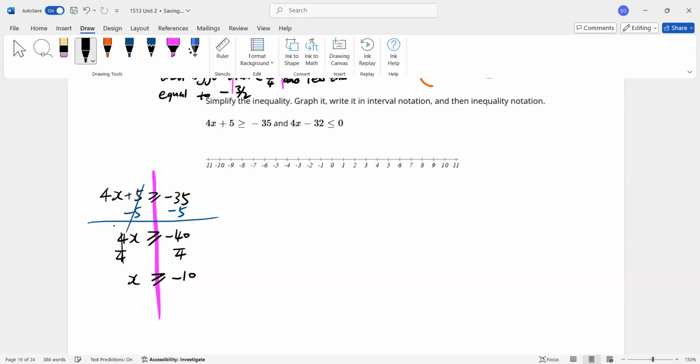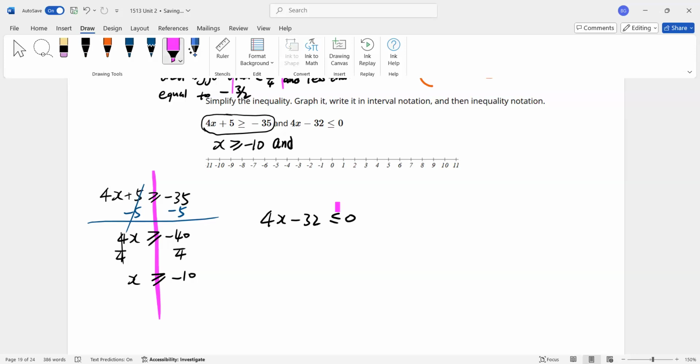Okay, so this part, we solved it. We got x is bigger than or equal to -10. Bring down the logical connective and, very important. Now let's do the second one. The second one is 4x minus 32 less than or equal to 0.